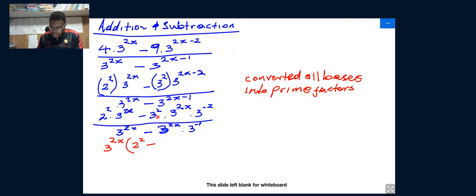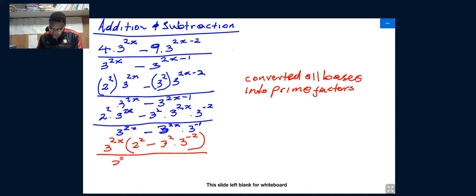Subtract 3 to the power negative 2, and divide the 3 to the power 2x by another 3 to the power 2x. We're left with 1. We'll do the same thing here.